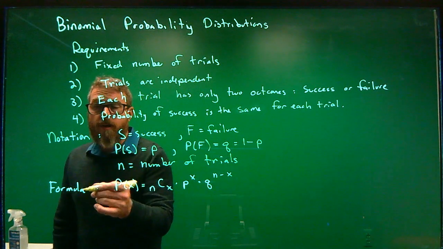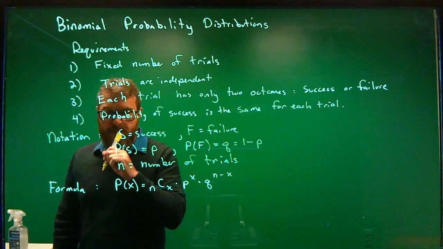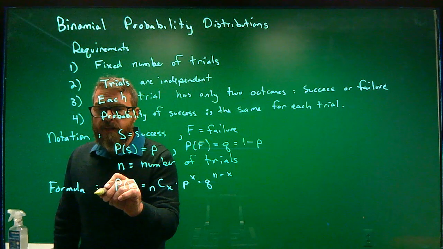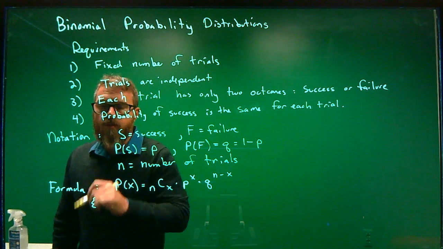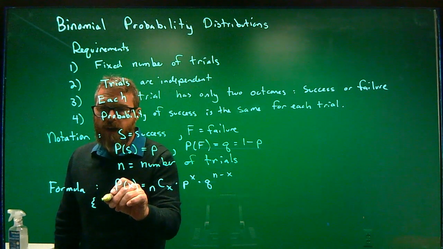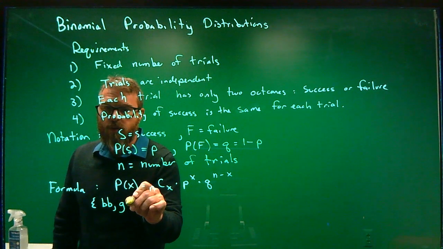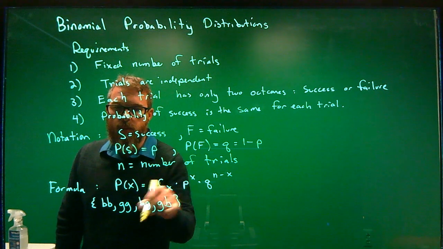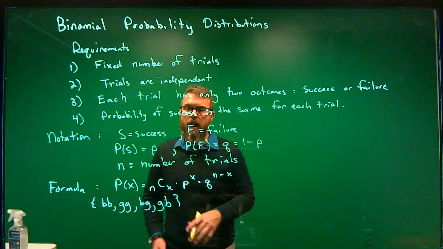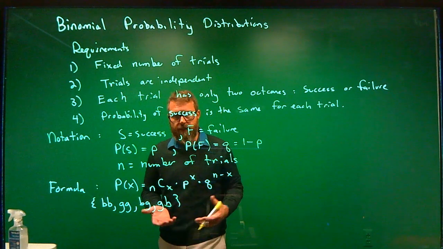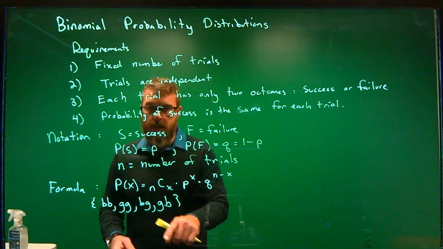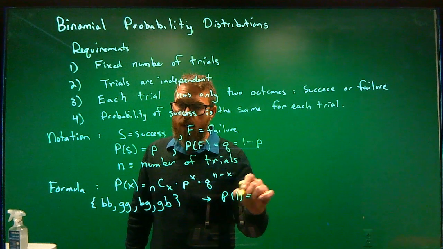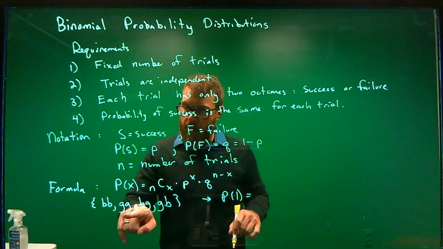So we want to look at the sample space. In previous videos we had a sample space of boy-boy, boy-girl, girl-boy, and girl-girl. Now, if I want to find the probability of having 1 girl, it's how many times you see 1 girl.